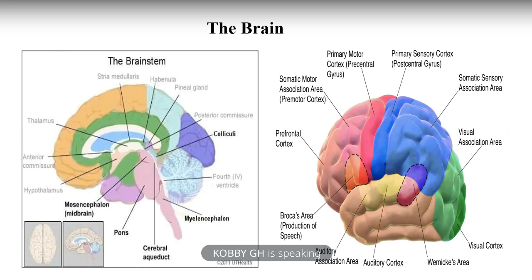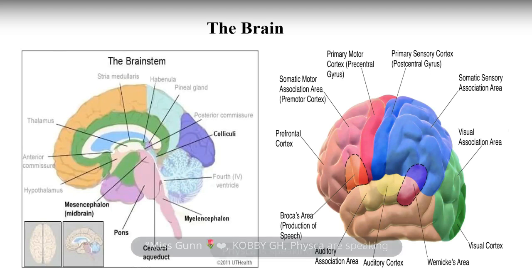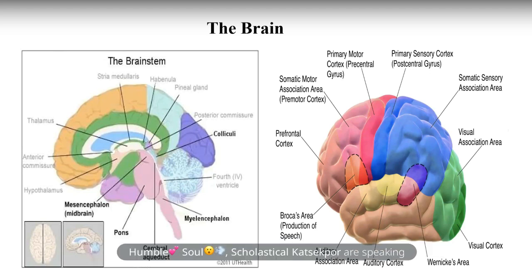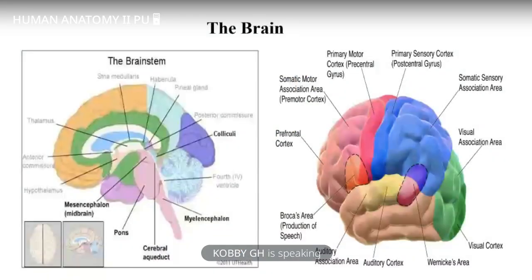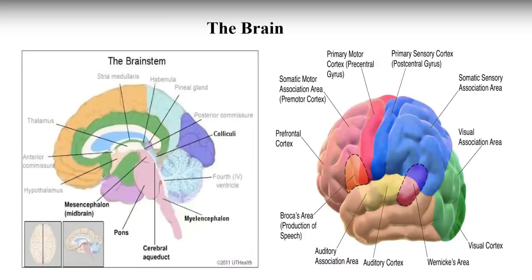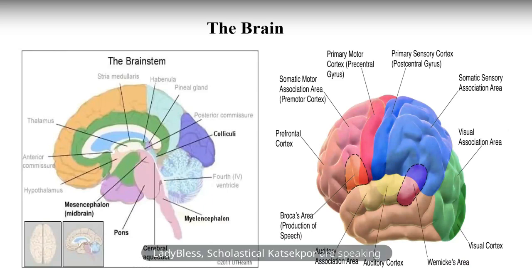Which part of the frontal lobe is responsible for speech? Which part of the frontal lobe is responsible for voluntary activity? Good. Which part of the frontal lobe is responsible for association?